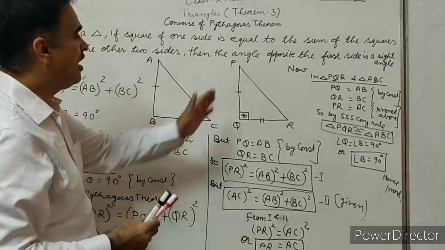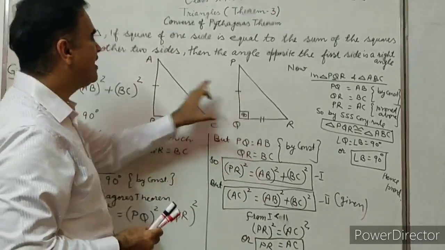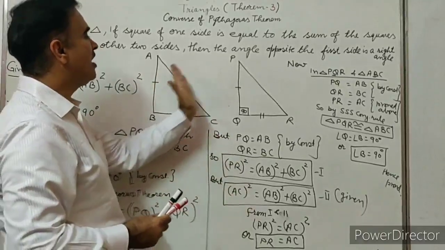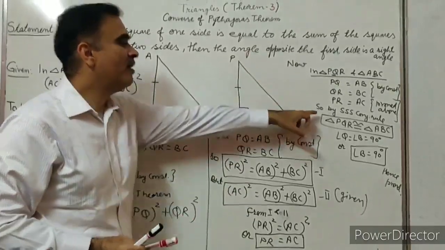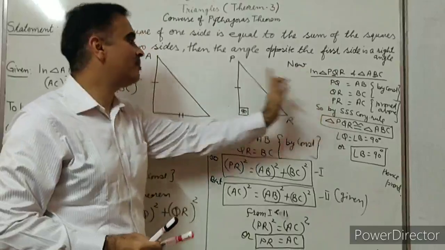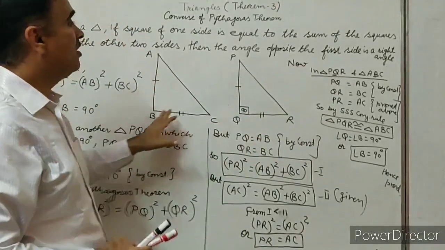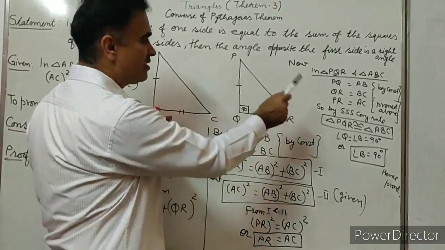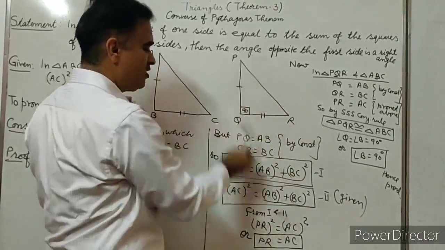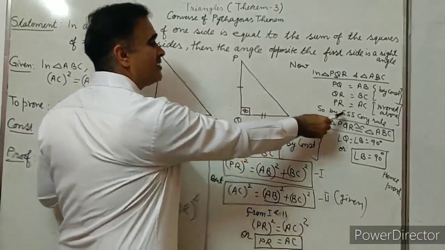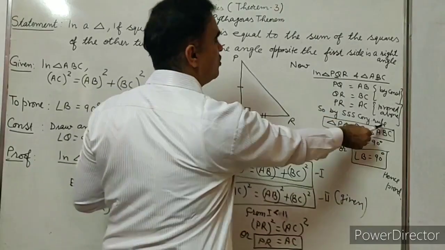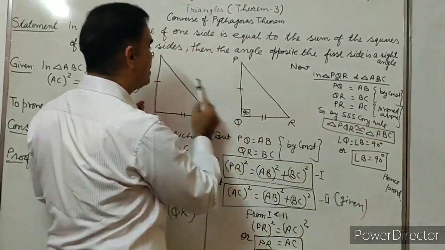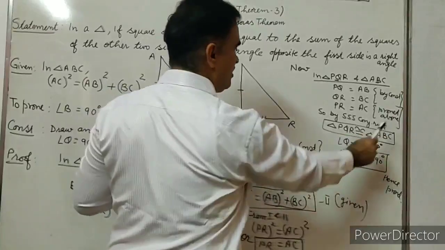Students, I think you have understood this. These two sides are already equal, and the third side we have proved equal. Then in triangles PQR and ABC we got PQ equal to AB, QR equal to BC by construction, and PR equal to AC we have proved above. So by SSS congruence rule, triangle PQR is congruent to triangle ABC.